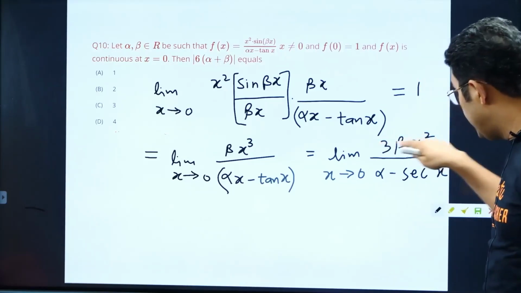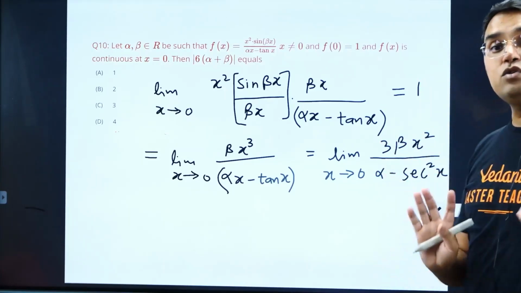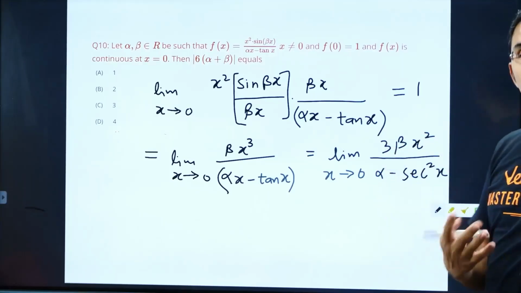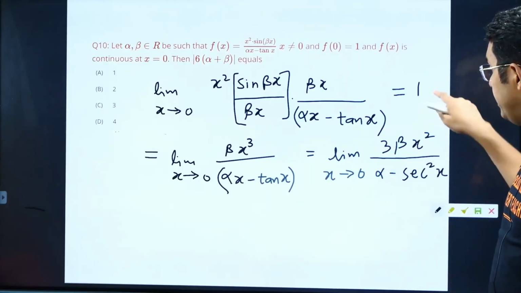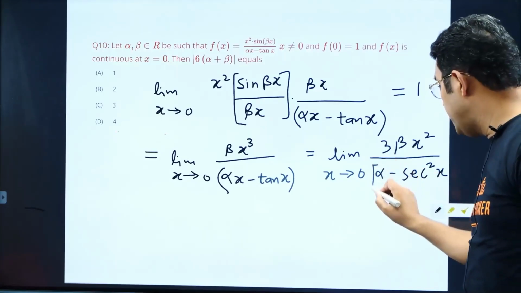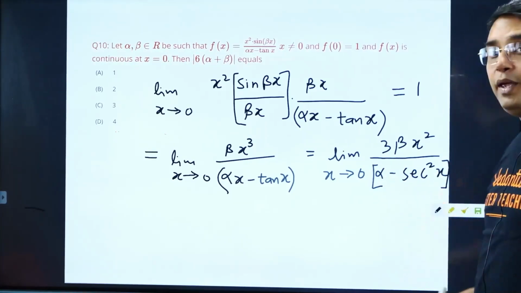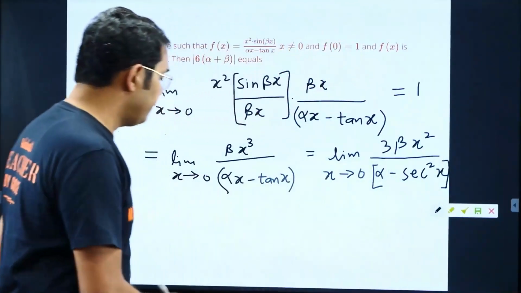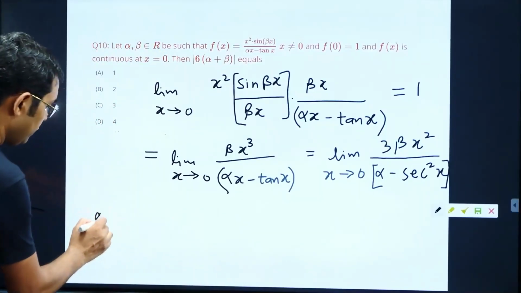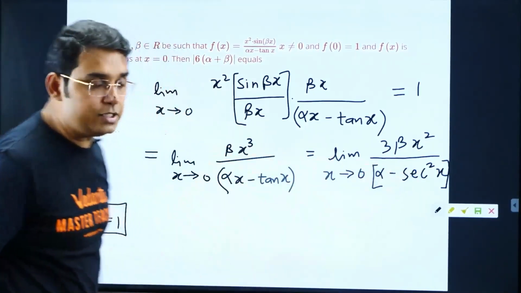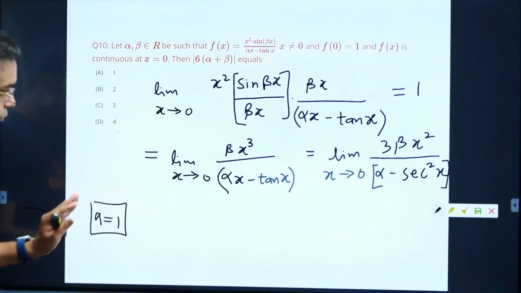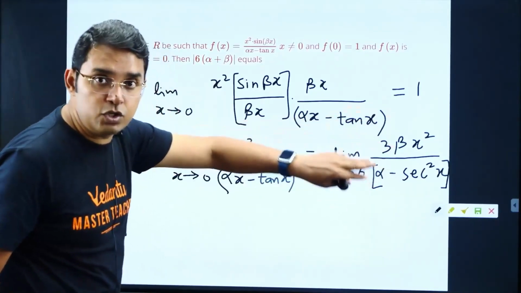Otherwise, if numerator is 0 and denominator is non-zero, then this limit will be equal to 0. So to make sure that the limit is 1, your denominator at this step should be equal to 0, which means alpha will be equal to 1, because at x equal to 0, secant 0 is 1.